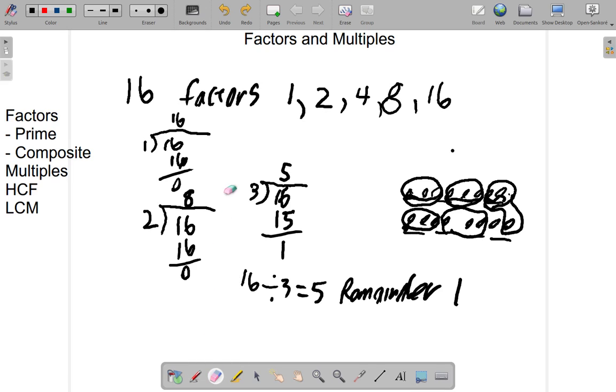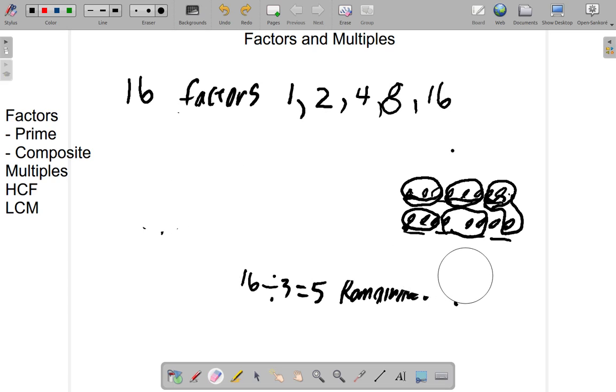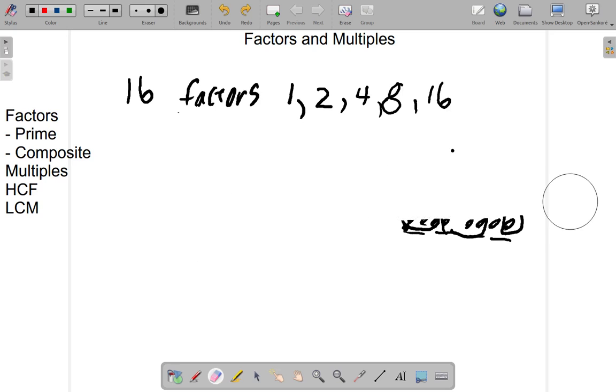Now, we want to look at what you call prime factors. But before we do that, let's be reminded what prime numbers are. A prime number is a certain number divisible only by 1 and itself. So for example, there is 2, the only even number that is a prime number.